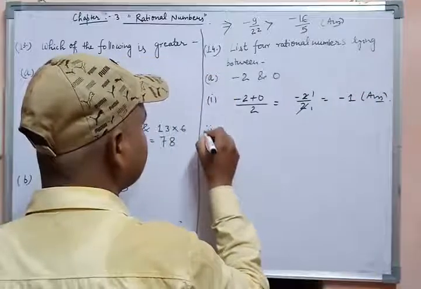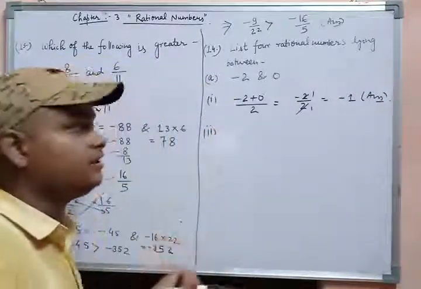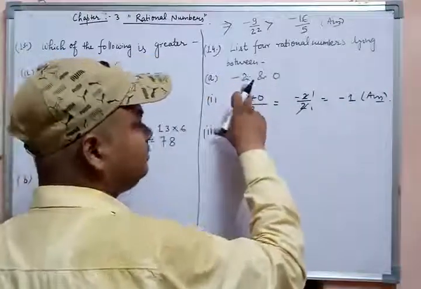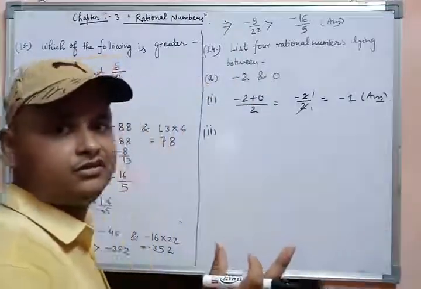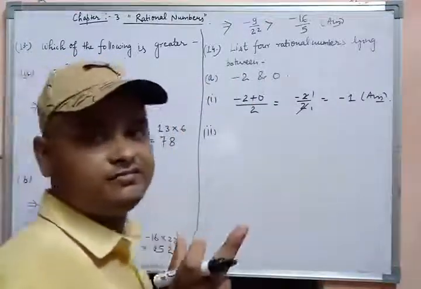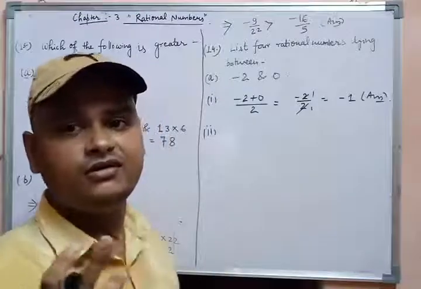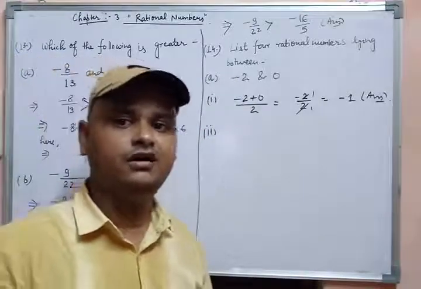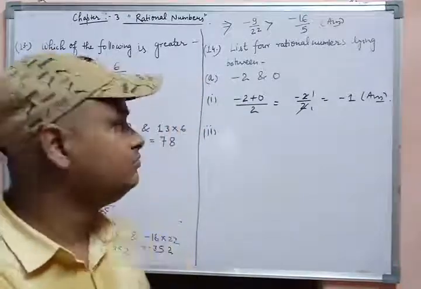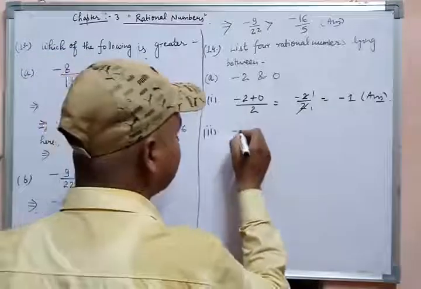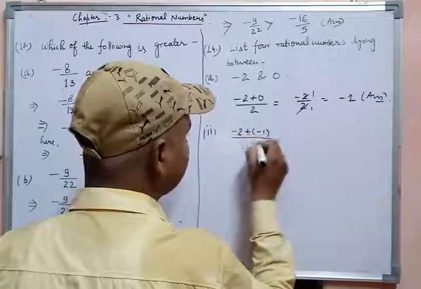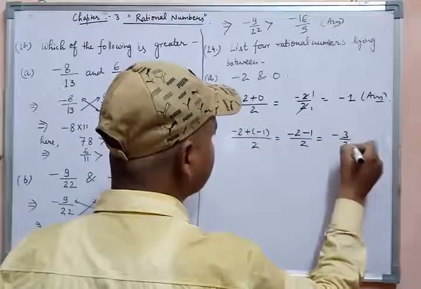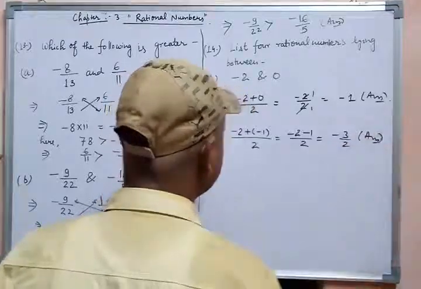Now for the second rational number, you have to add this rational number and this rational number and divide by 2, because you have studied in previous classes how we get the average of any numbers. So we can apply -2 plus -1, that means -2 - 1 upon 2, then we will get -3 upon 2. So this is the second rational number.